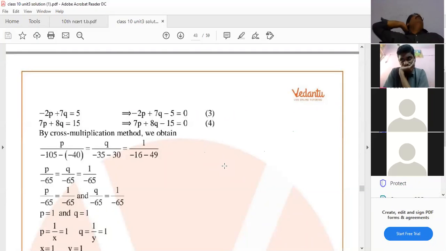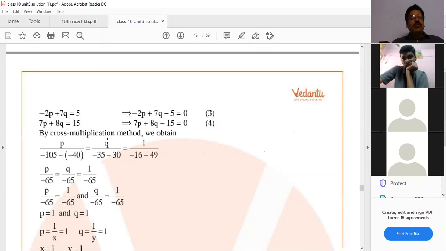First one, b1 c2. b1 means 7, c2 means minus 15. 15 7s are minus 105. Minus c1 b2: c1 is minus 5, b2 is 8, minus 5 into 8 is minus 40.